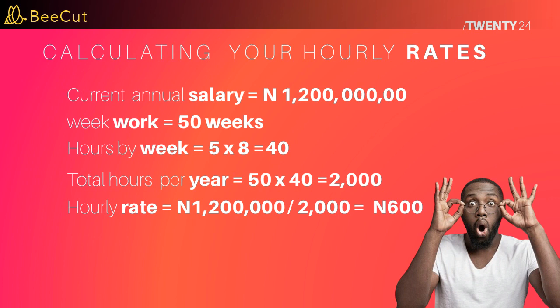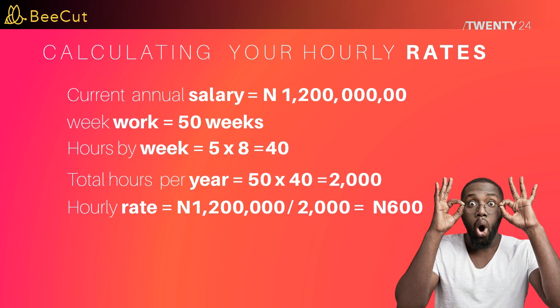Now, if you want to find the hourly rate based on your annual income of 1.2 million, it will be 1.2 million by 2,000, and that will amount to about 600. Like I said, this is for demonstration purposes, just to give you an idea of what goes on for paid employment and how your pay is actually rated when it's broken down.